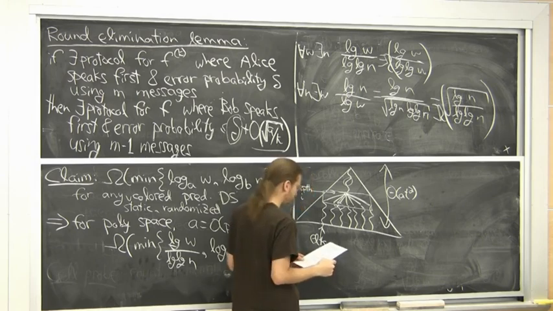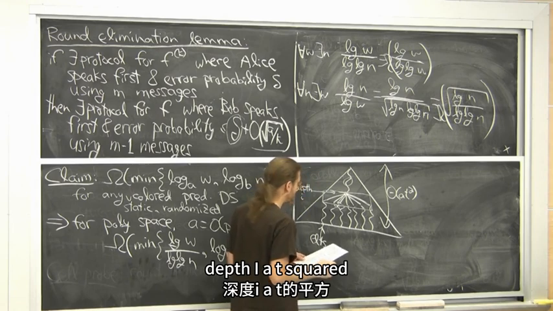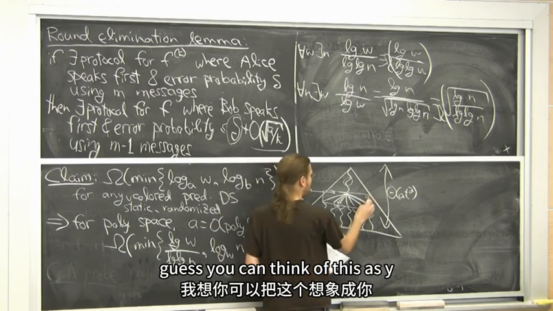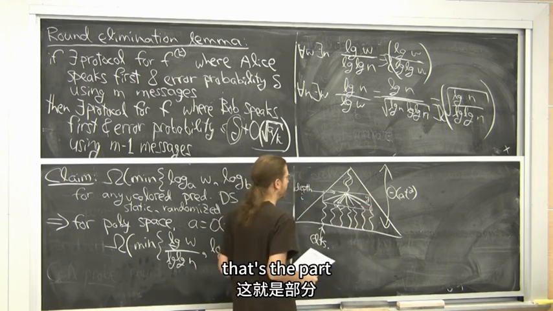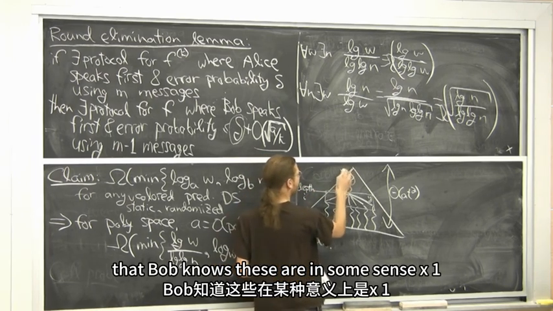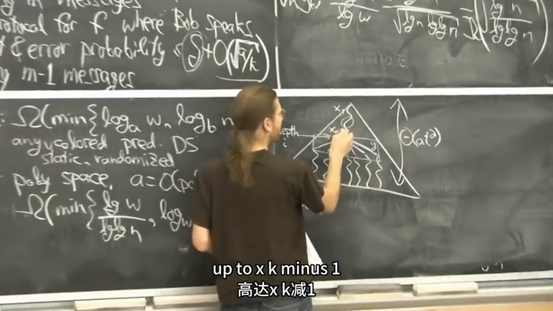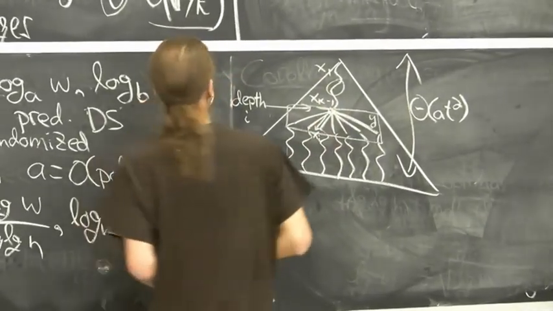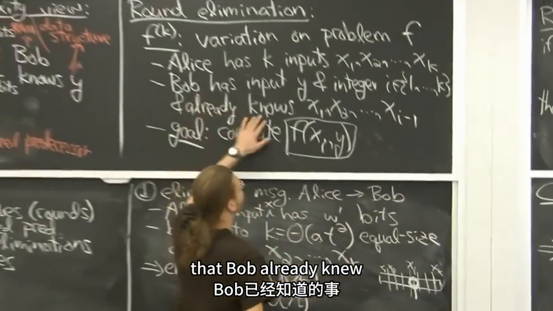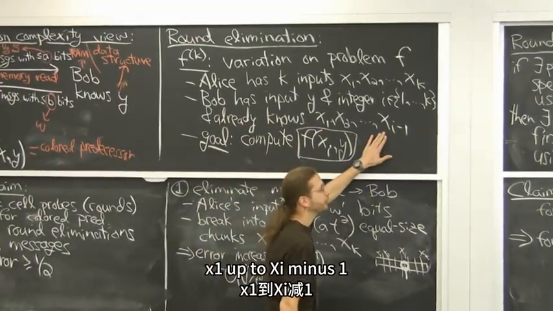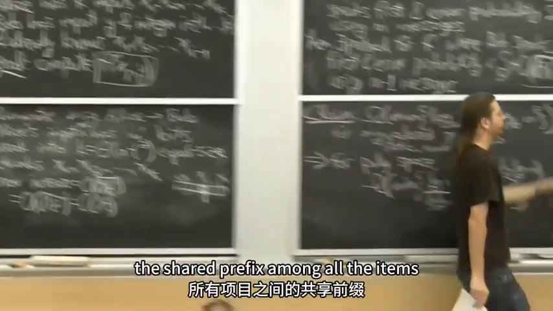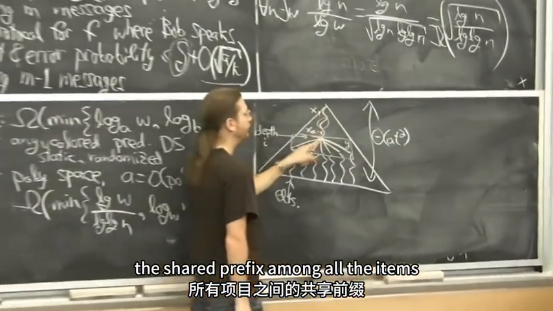Okay, depth i, at squared. I guess you can think of this as y. That's the part that Bob knows. These are in some sense x1 up to xk minus 1. And this is why we had to say over here that Bob already knew x1 up to xi minus 1, because Bob already knows the shared prefix among all the items.